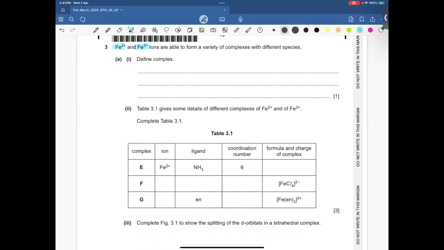Fe2+ and Fe3+ ions are able to form a variety of complexes with different species. Define complex.